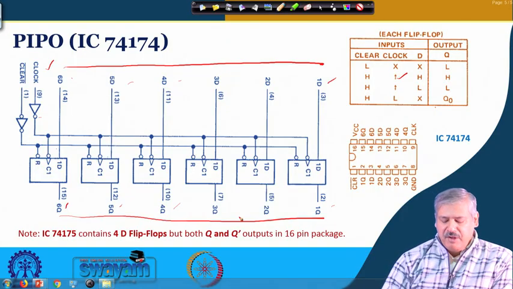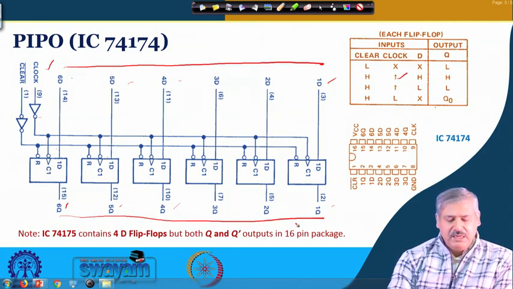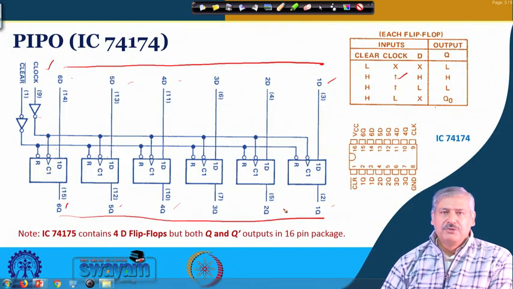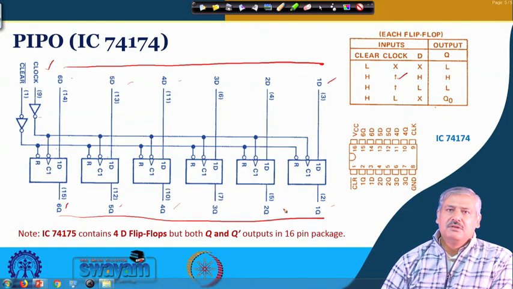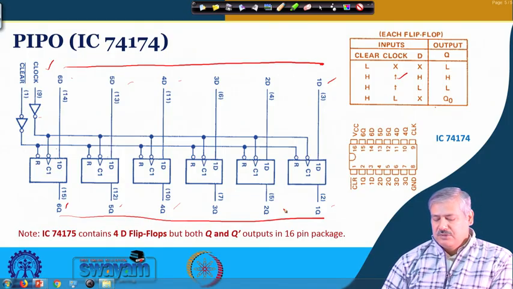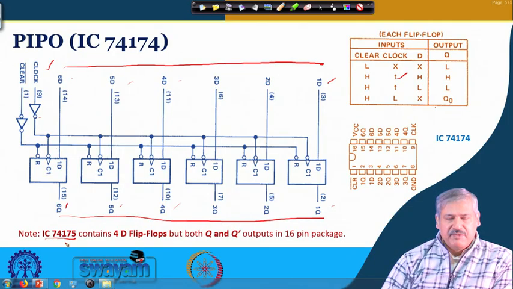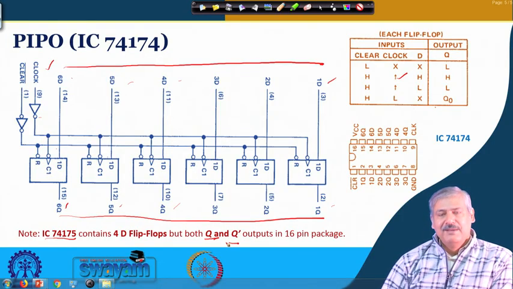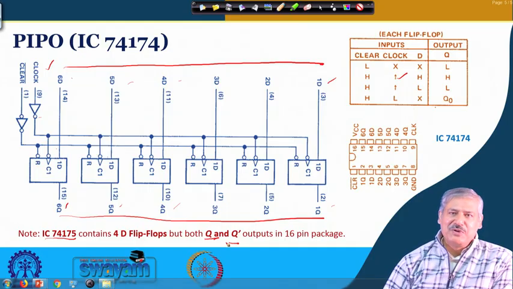The number of pins, as you see, is as many inputs and as many outputs, and it is getting loaded parallelly in one clock cycle, and you can do as many readings as you want without any issue. Now, there is IC 74175, in which both Q and Q bar outputs are made available, say if in some application you require it.